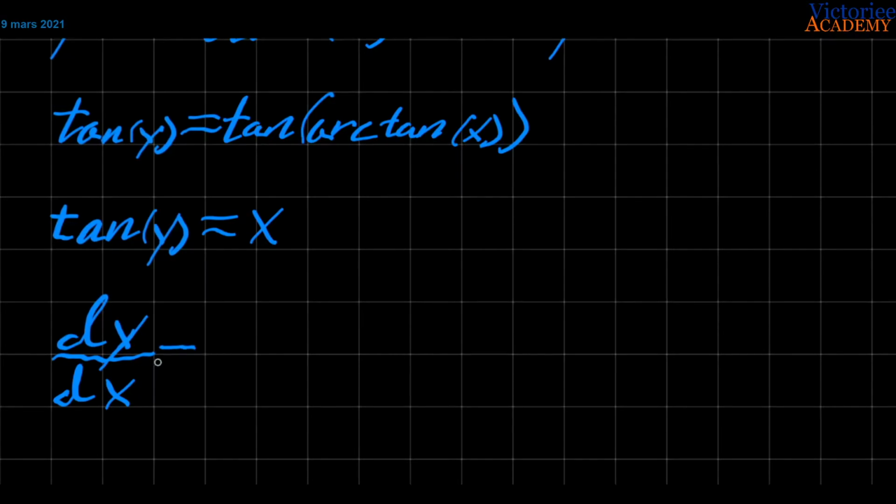This is obviously the same thing as 1 over dx over dy. And this is clever, because we just made this little rewrite here, and that would imply this expression. So that would be this derivative.